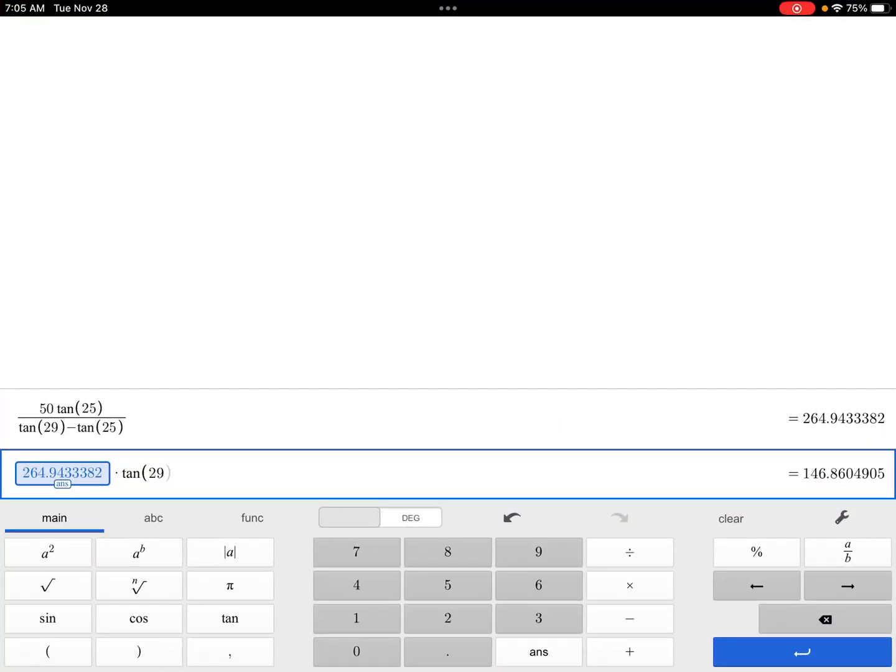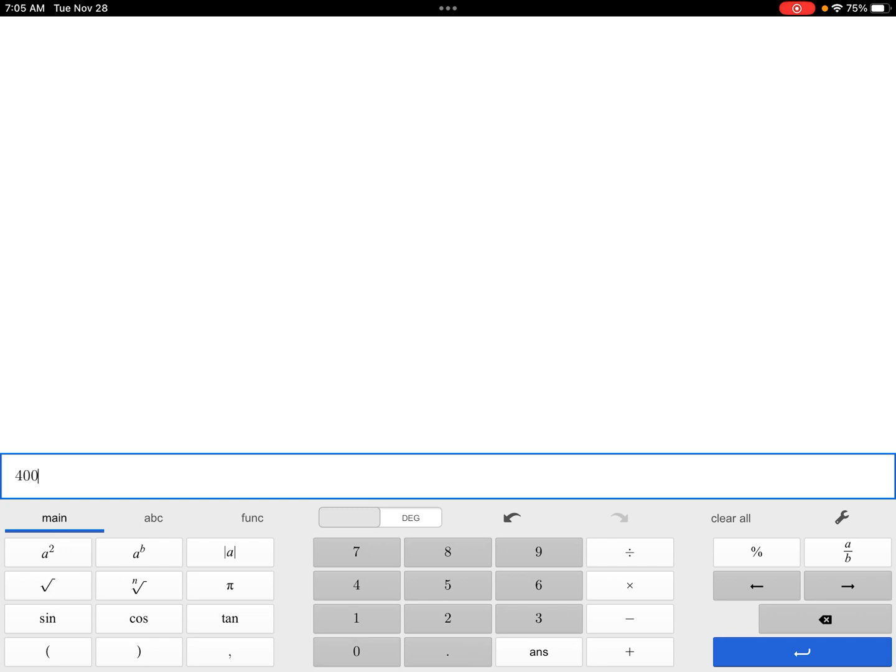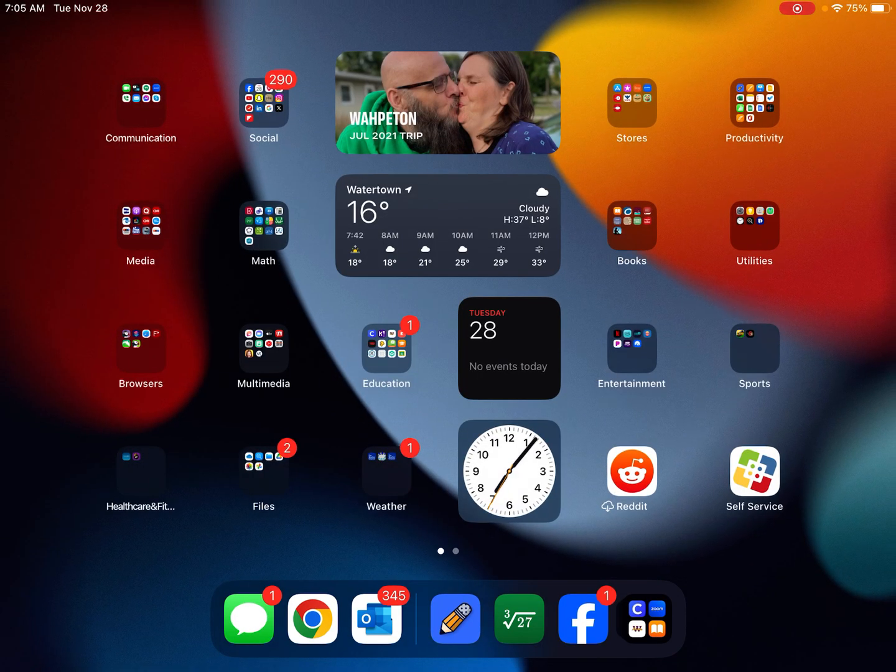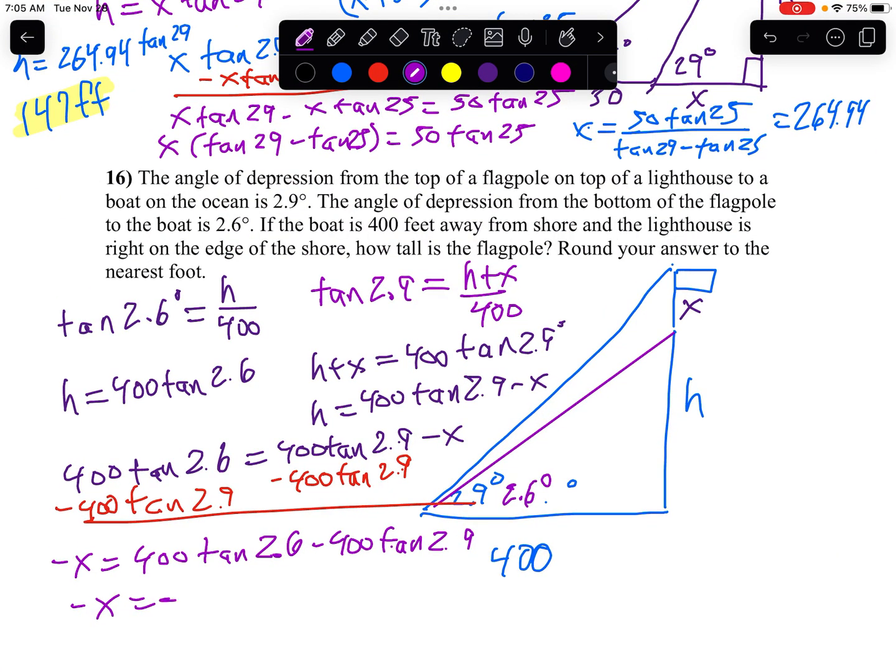So we're going to say 400 times the tangent of 2.6 minus 400 times the tangent of 2.9. And I get about negative 2.1. Round your answers to the nearest foot, so x is going to be about 2 feet. There's our answer for that one.